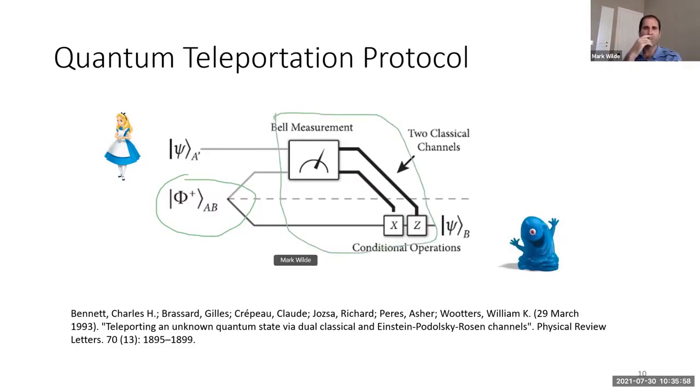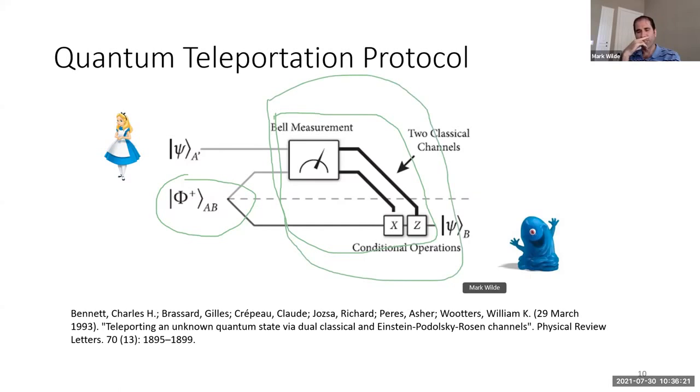Those protocols are called one-way local operations and classical communication. It turns out that that class of operations is hard to optimize over in a mathematical sense. So we relax the set of operations to include a larger set that can be characterized with semi-definite constraints.